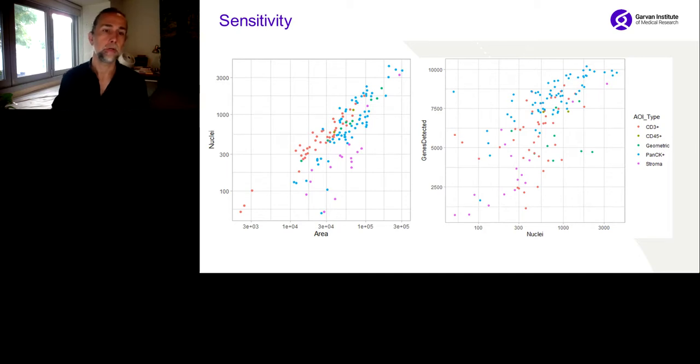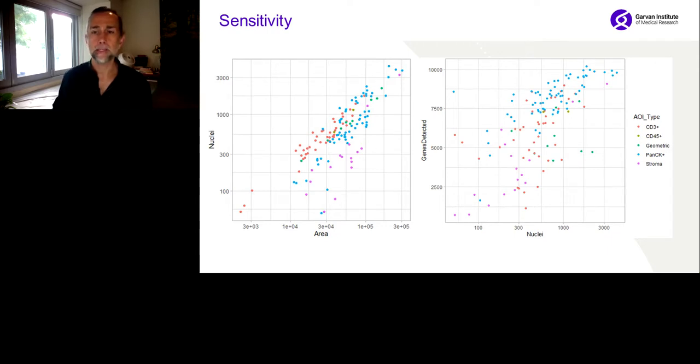First, I'm just showing you here the areas of illumination that we've collected. This is the area here on the x-axis, and on the y-axis is the number of nuclei. So there's a very nice correlation between area of illumination and the nuclei contained within it. As you can see, of course, different cell types have different sizes and cell densities, so they form different correlations here.